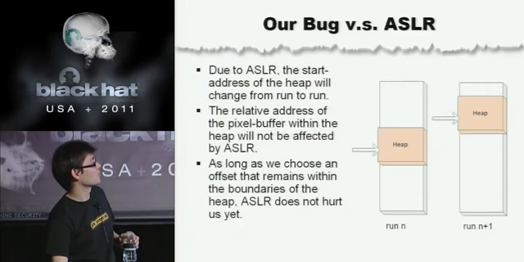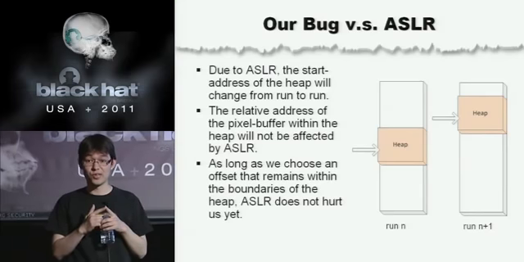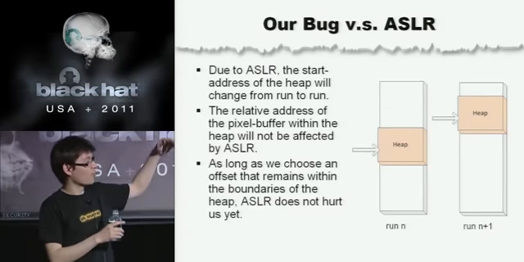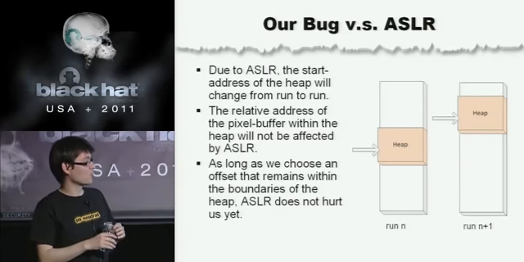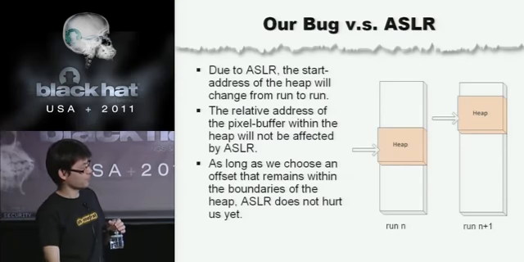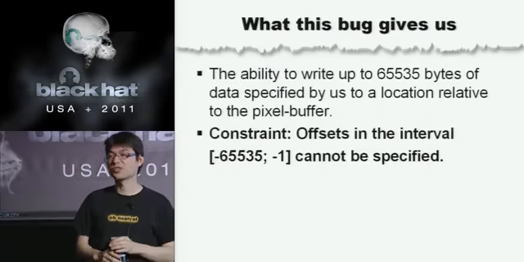Okay, so if you look at this in terms of ASLR, that basically means since we're writing relative to a heap pointer, the whole segment moves along. So as long as we stay in the heap, ASLR does not yet get in our way. Now there's a bit of a constraint.